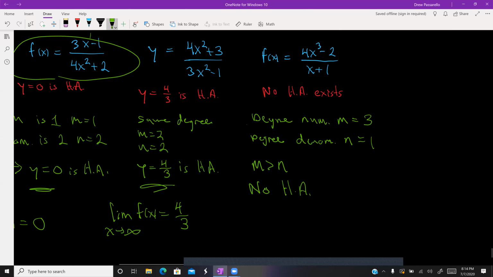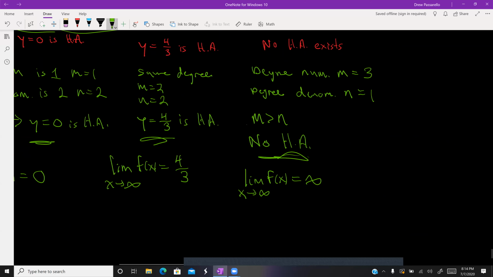This third one, we know there's no horizontal asymptote. There's no finite value that it's going to be bounded by. So it's either going to be approaching infinity or negative infinity, and we'll do examples in the next video of getting a conclusive result like this. So it's either infinity or negative infinity, depending on the function.